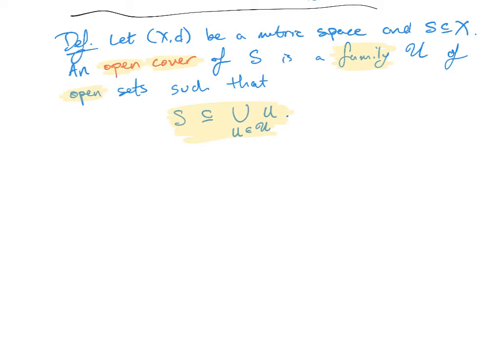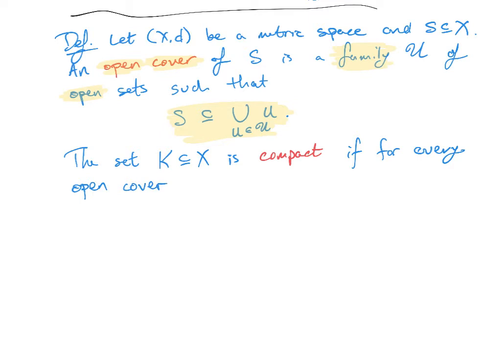Okay, now the second part of the definition is compactness. So a set K, and I guess I should say that's a subset of X, is compact if for every open cover of it there's a finite subset of that open cover, by which I mean a finite number of sets in script U that still cover it.